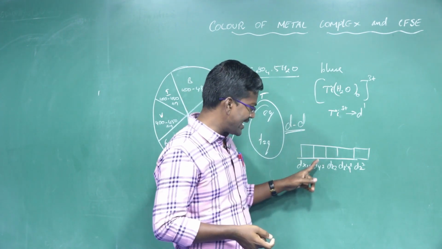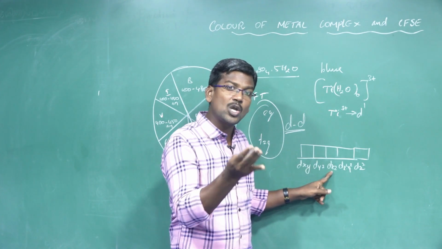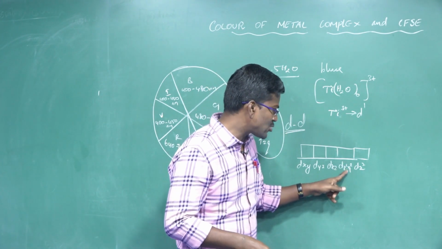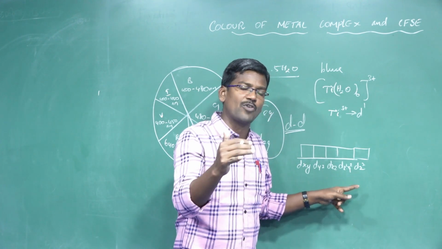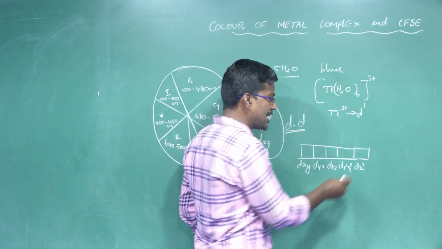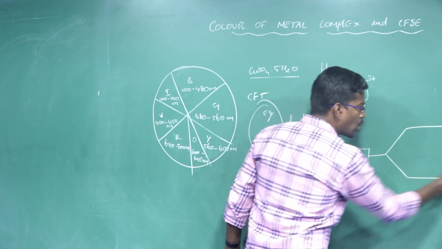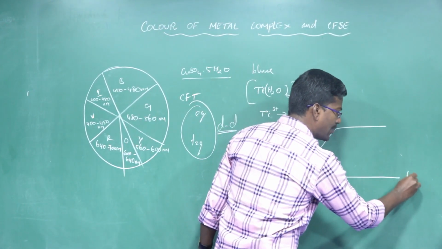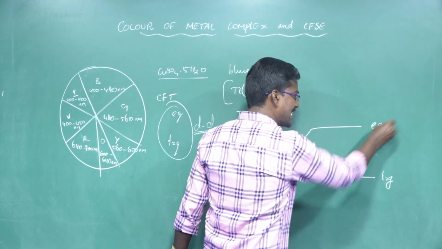The dxy, dyz, dxz orbitals are placed at the lower energy level of the crystal field splitting, while dx squared minus y squared and dz squared are placed at the higher energy level. So the d subshell splits into 2 energy levels: a lower energy level expressed as t2g and a higher energy level expressed as eg.